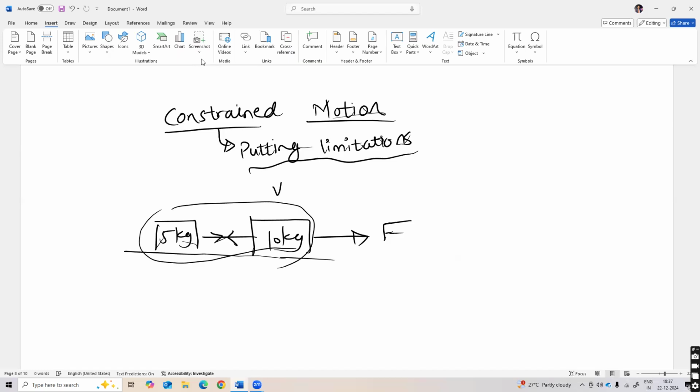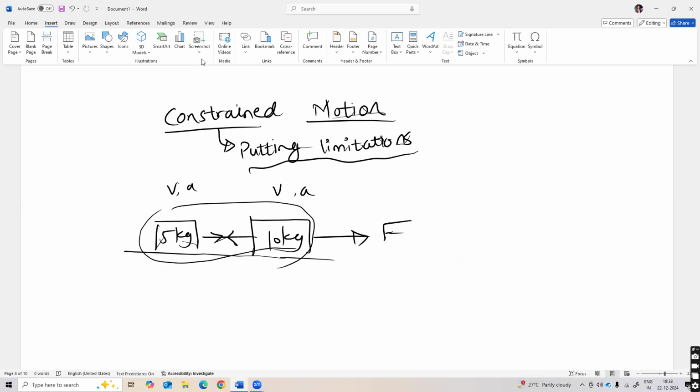So if V is the velocity of this 10 kg block, then V is also the velocity of the 5 kg block. If A is the acceleration of this 10 kg, A is also the acceleration of this. Otherwise, this string will break. So if the 10 kg block starts moving, then the 5 kg block is also bound to move. So this is what constrained motion is.